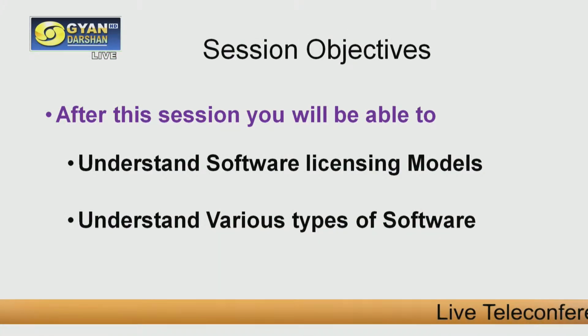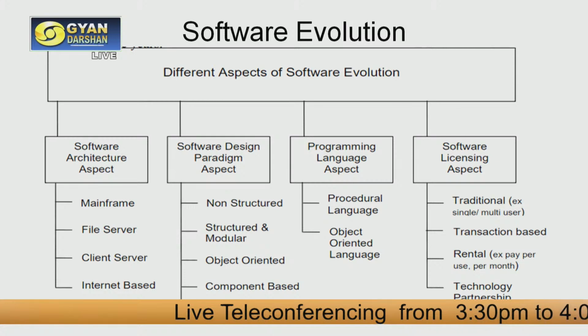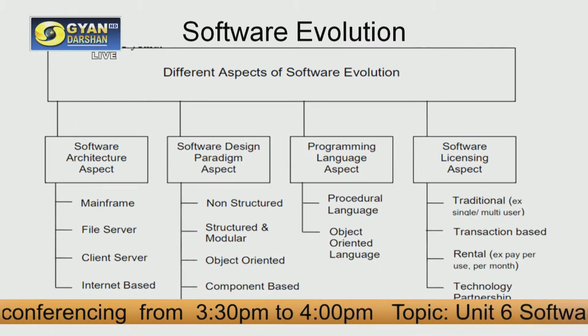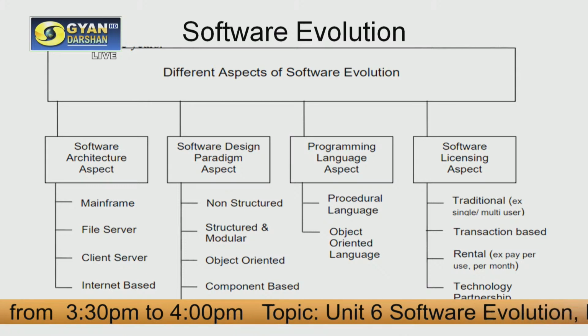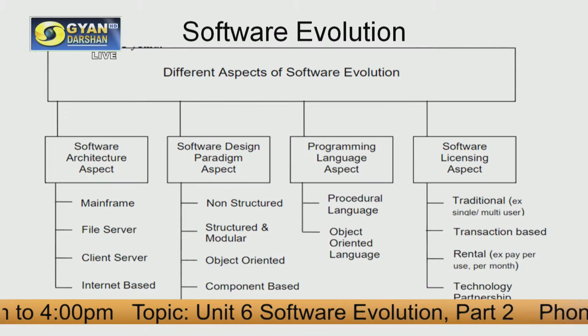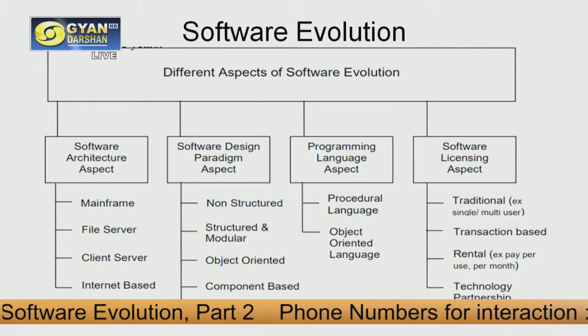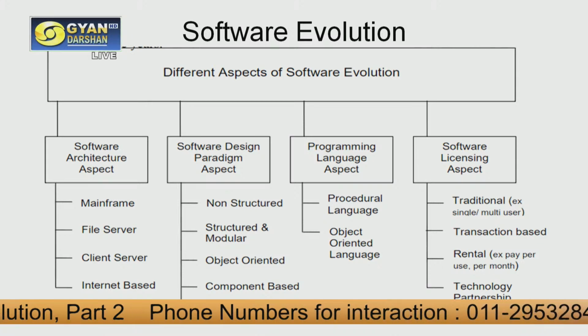Now, in this session, we are going to understand software licensing. Apart from this, we are going to discuss various types of softwares. So far as our earlier session is concerned, in software evolution part 1, we had already discussed software architectural aspects, wherein we discussed mainframes, file servers, client servers, and internet-based architectures.